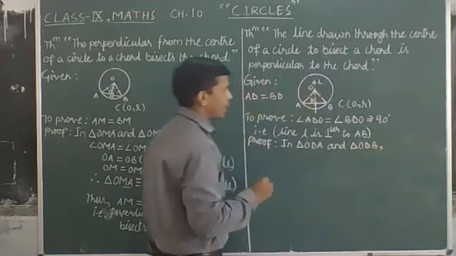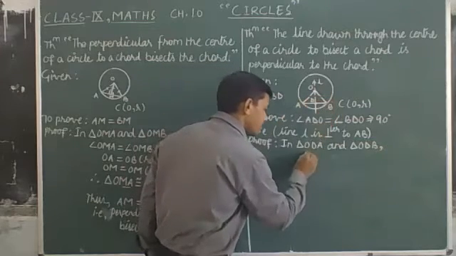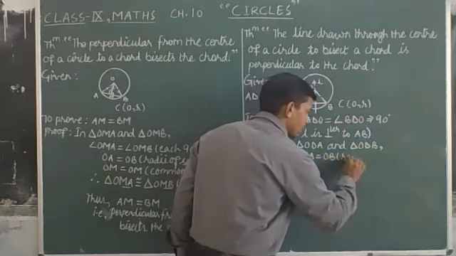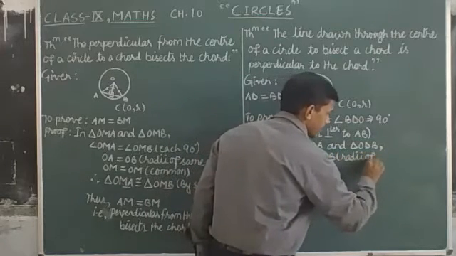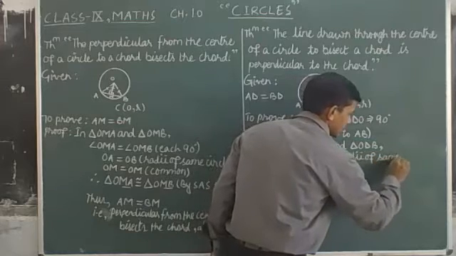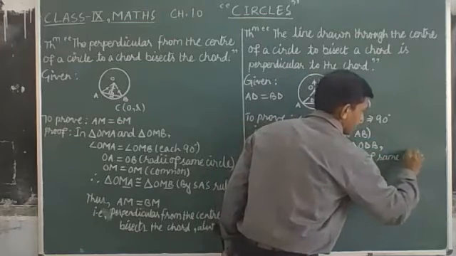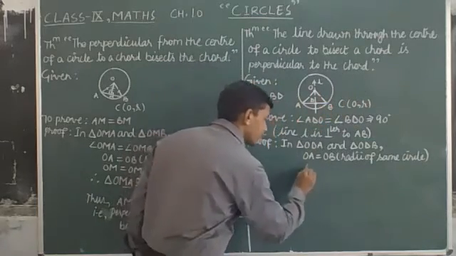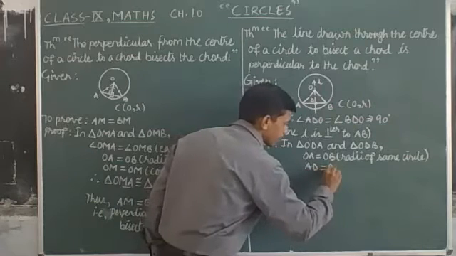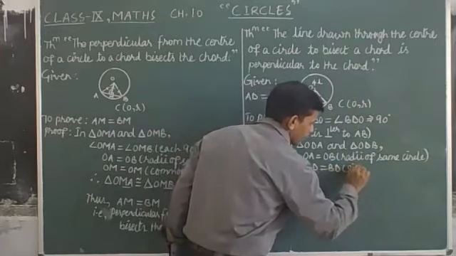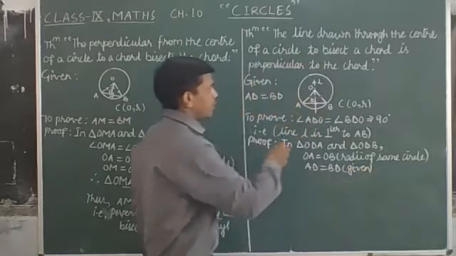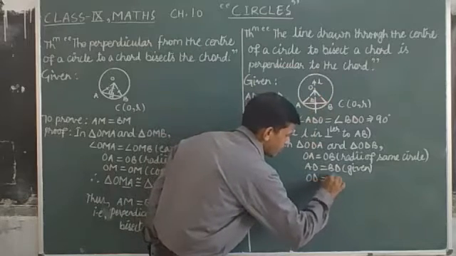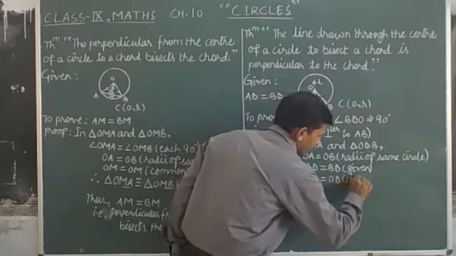In these two triangles we have OA equals OB, reason: radii of the same circle, and AD equals BD, we are given, and this side OD is common to both. So OD equals OD, reason: common.